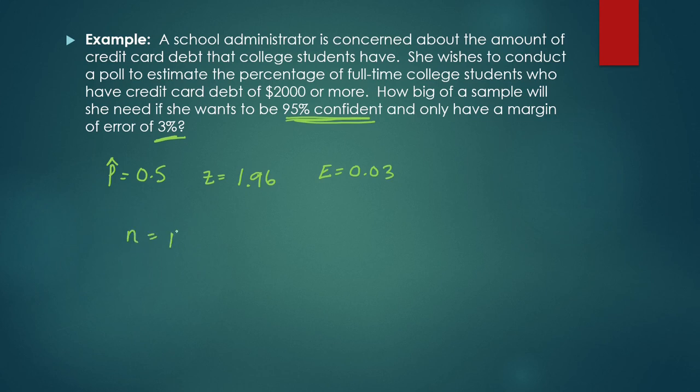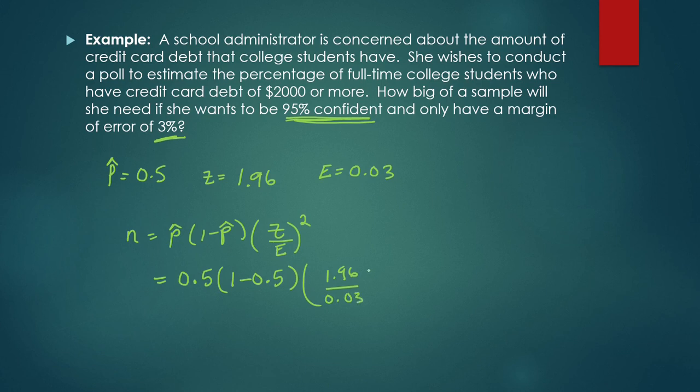N equals p hat times the quantity 1 minus p hat times z divided by E, quantity squared. P hat is 0.5 because we do not know what the prior estimate was, so we'll use 0.5. And z is 1.96 divided by 0.03, the margin of error, and we'll square the expression.